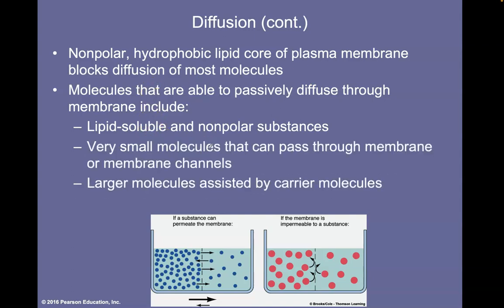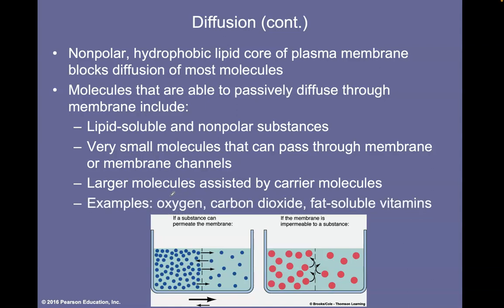So again, remember that the things that like to pass through are small and also not very polar. Larger molecules, and especially charged molecules, are going to need to be assisted by carrier molecules, especially proteins, like those transmembrane proteins that are going to form channels.